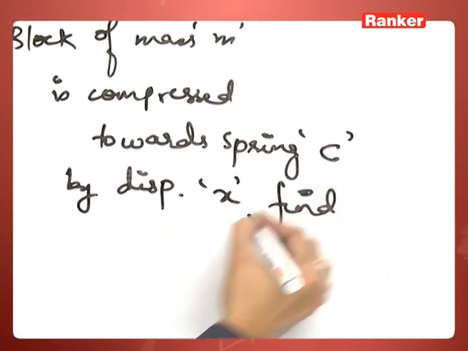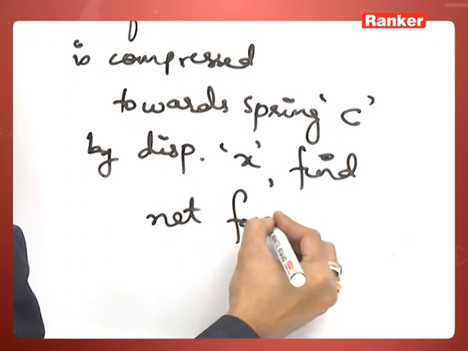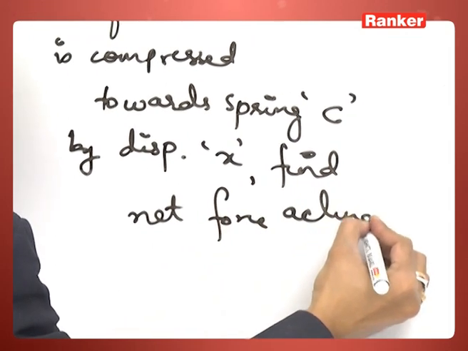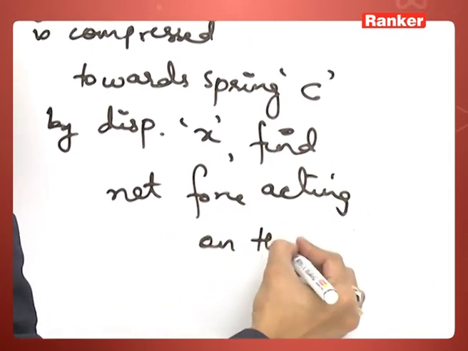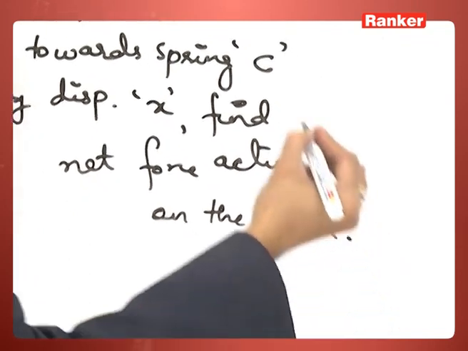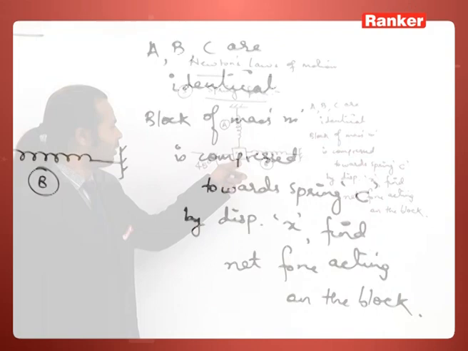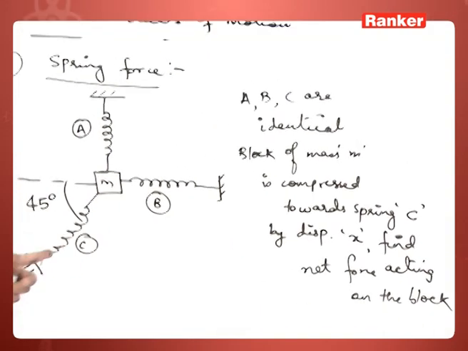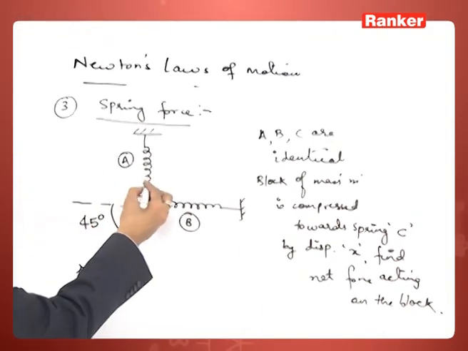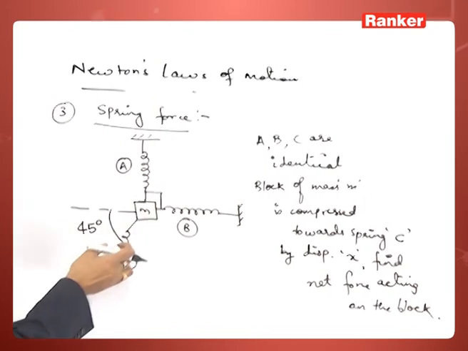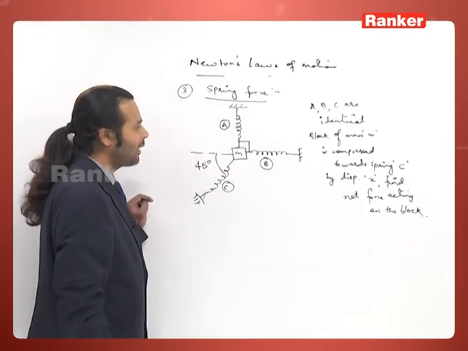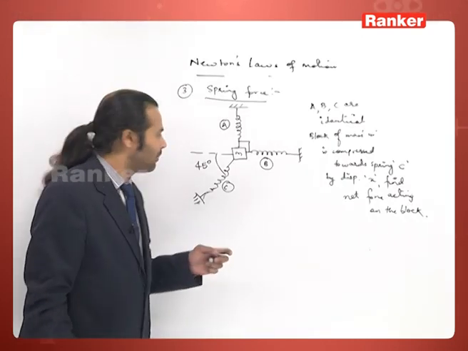Find the net force acting on the block. ABC are identical. Block of mass M is compressed towards C in this way, and this is 90 degrees given, towards C by displacement x. Find the net force acting on the block.